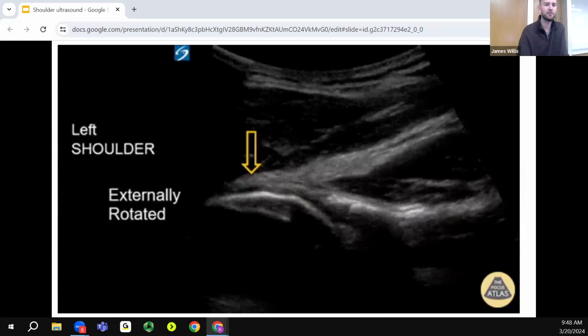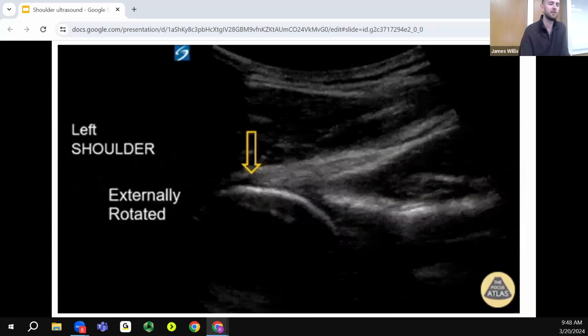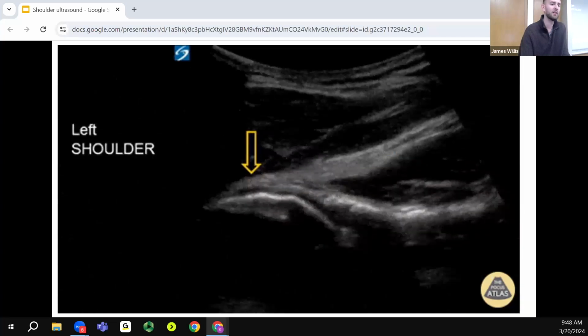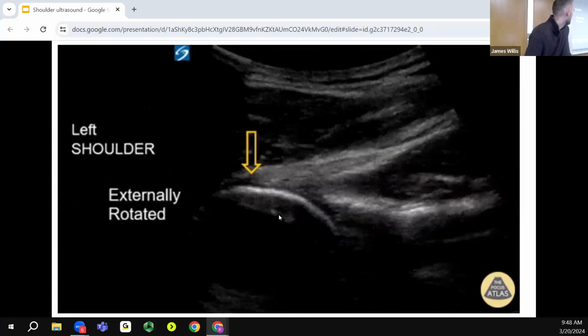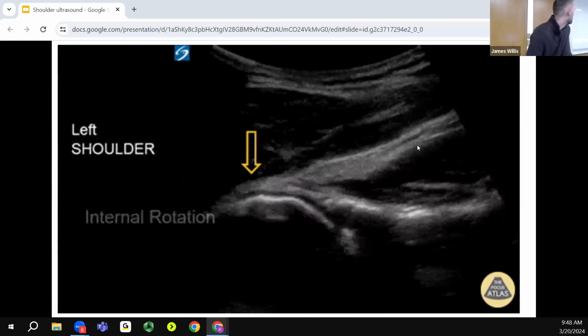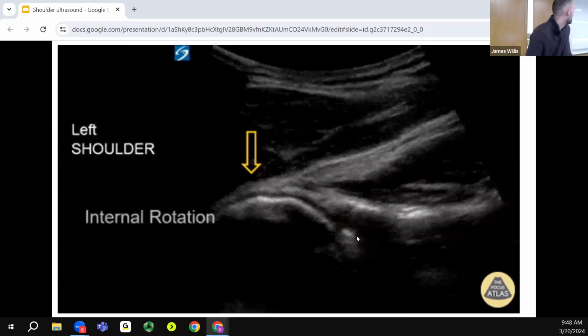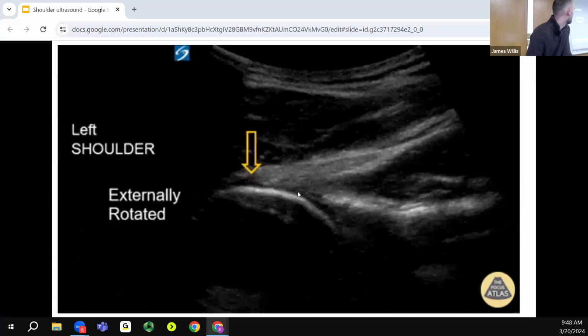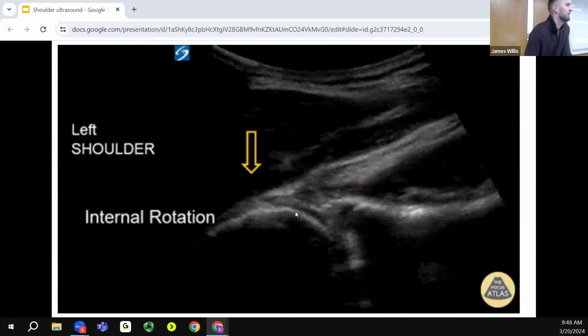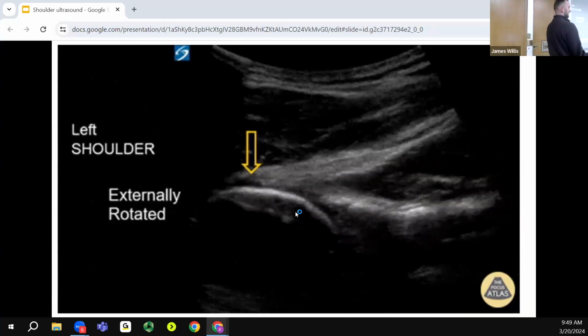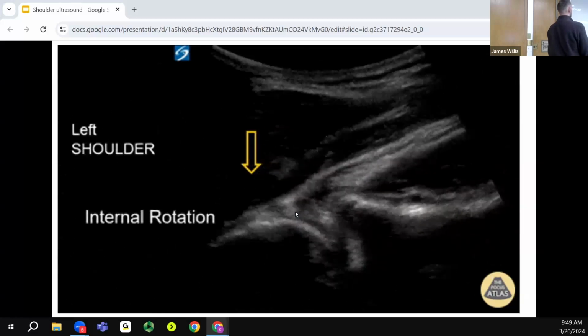All right, so this one is actually subluxation of the humeral head. So you kind of see it slip in and out. So that's going to be humeral head. This is probably supraspinatus. This is scapular spine. This is the fossa right here, and we kind of see it slip in and out with external rotation. So as you move the patient like this, the shoulder pops out, probably move it back, and it goes back.